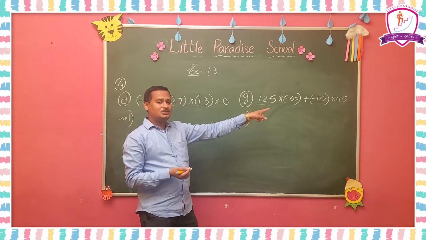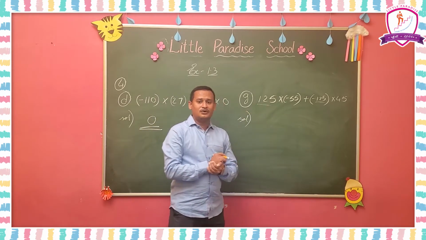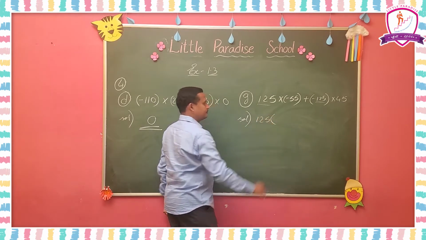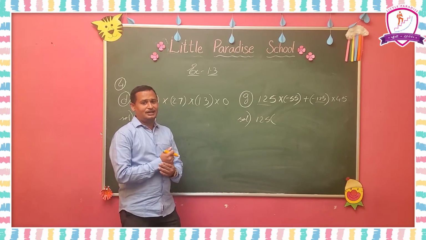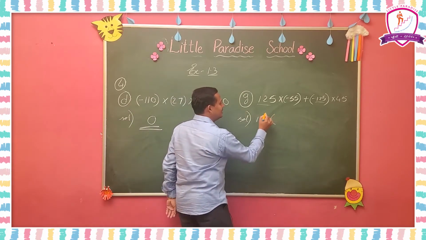In these two terms we can observe that 125 is common in both. So, you can take 125 as common according to the distributive property. What is the distributive property saying?